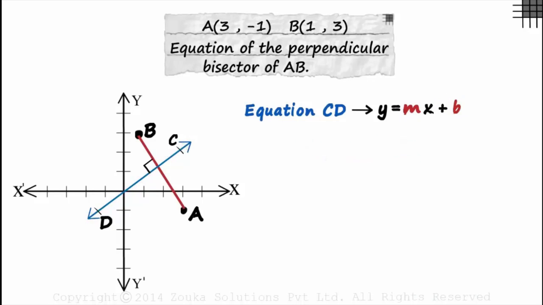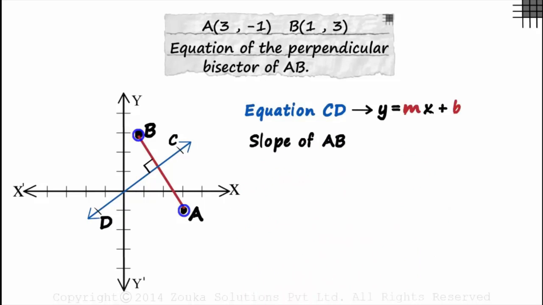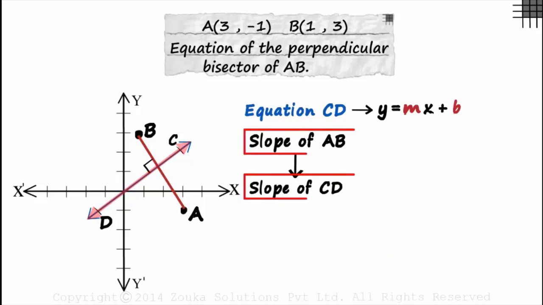First we find the slope of CD. Before that, we should know the slope of AB. The slope of CD is the negative reciprocal of the slope of AB.